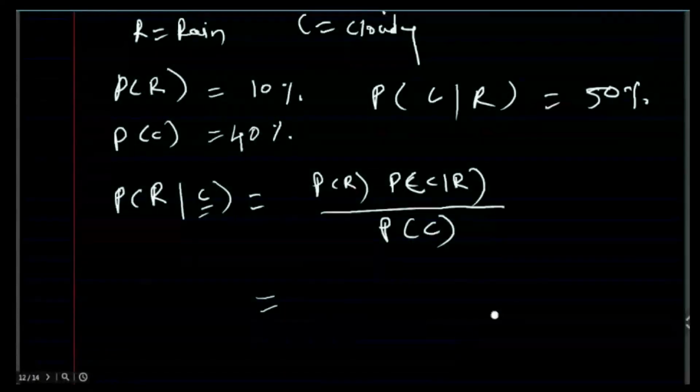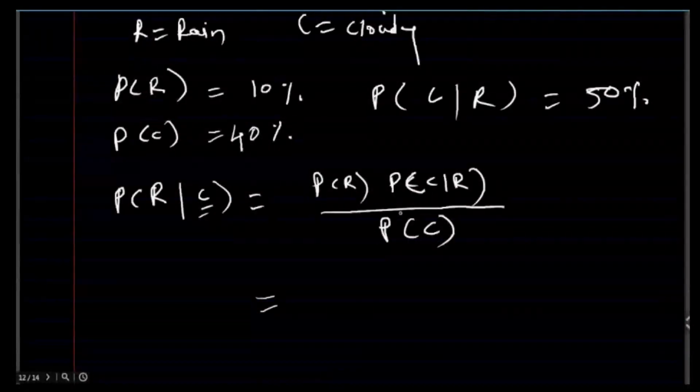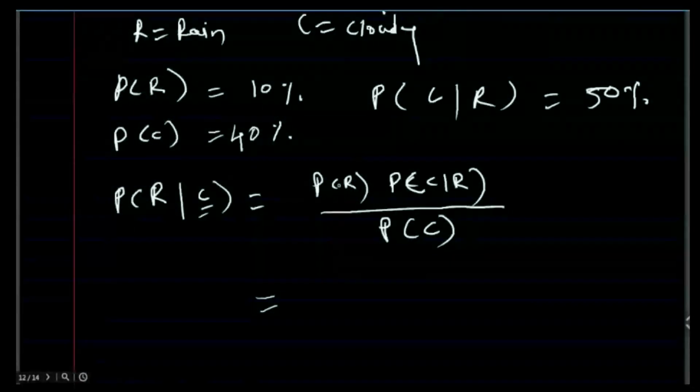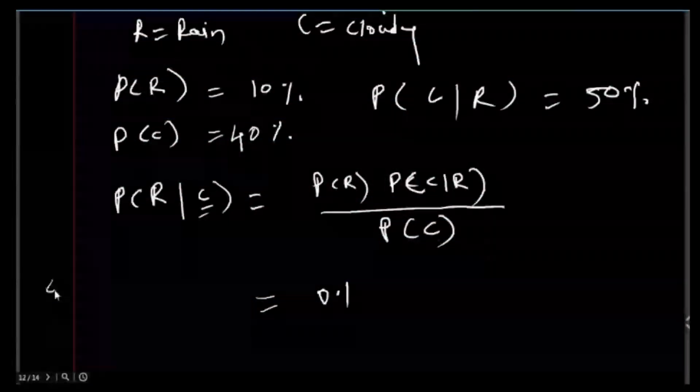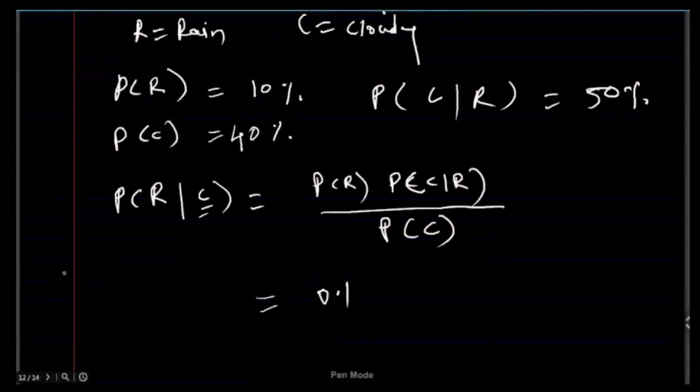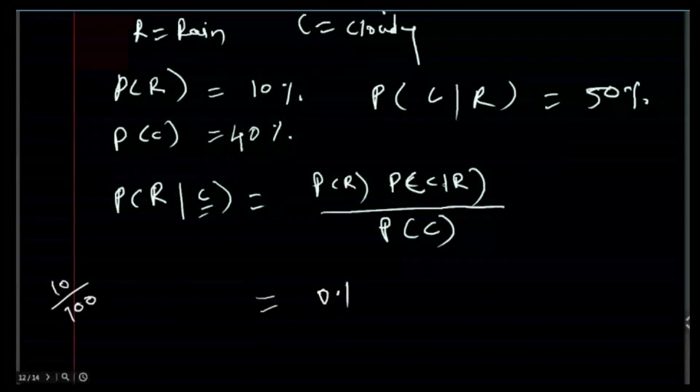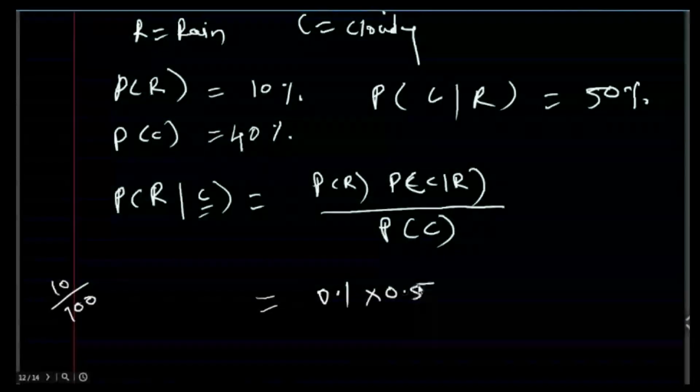We will write the actual values of the probability instead of the percentage. In the previous problem, the percentage was cancelled, so that's why we got the correct value. But here probability of rain is 10%. 10% means 10 divided by 100, you can write it as 0.1. Probability of C given rain is 0.5, and probability of cloud is 0.4.